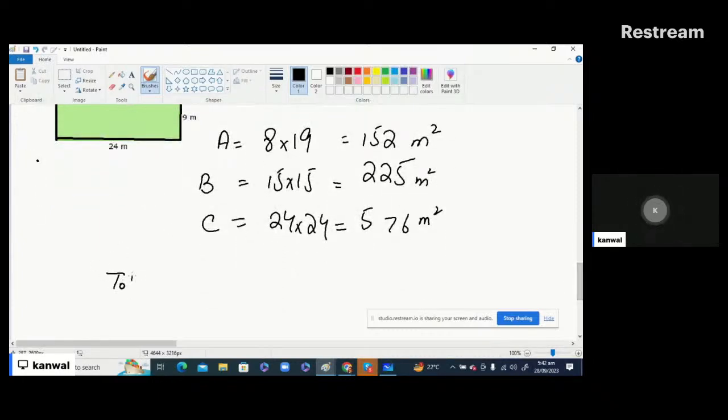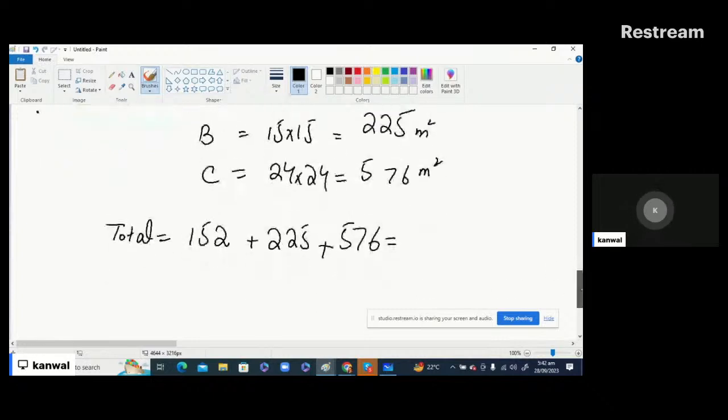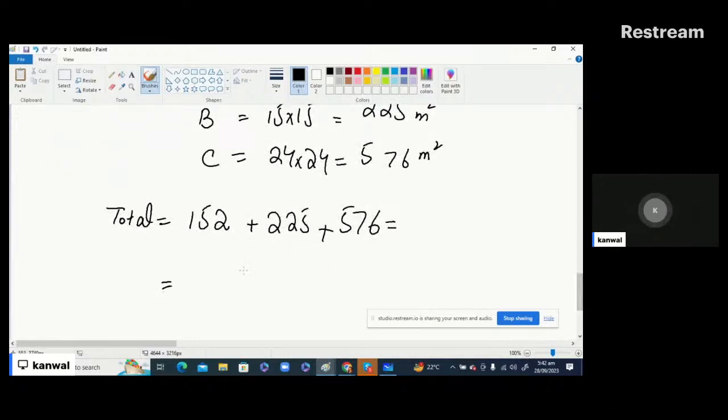Now for the total, count it all together: 152 plus 225 plus 576. When you add all together, you get the answer 953 meters square.